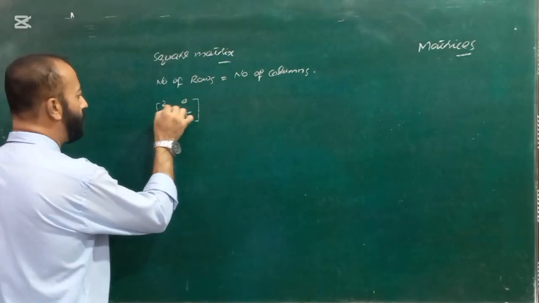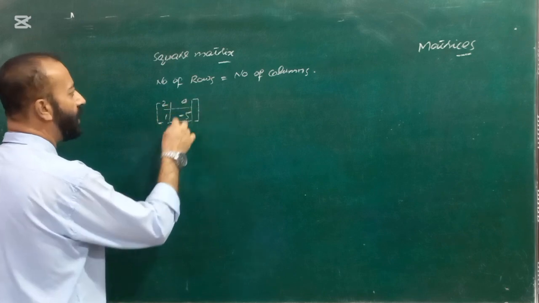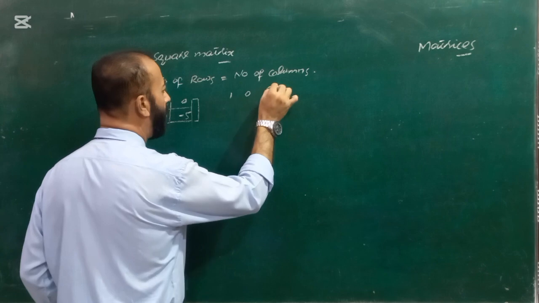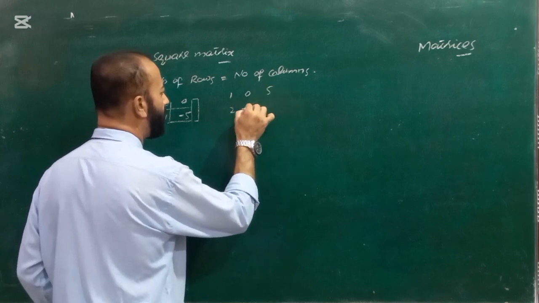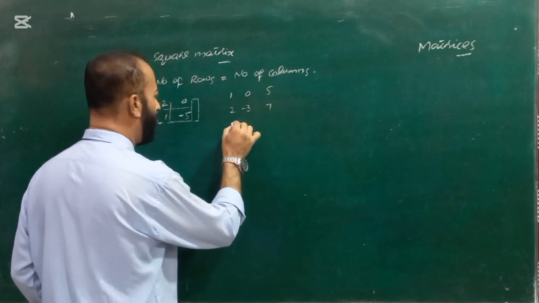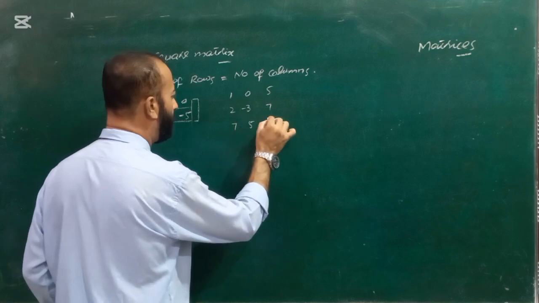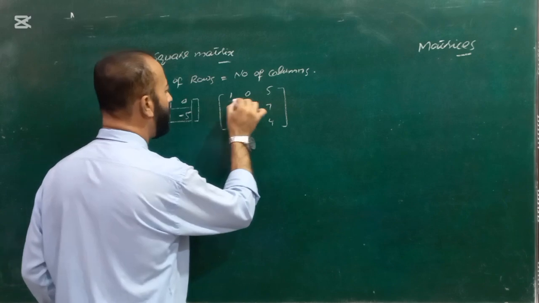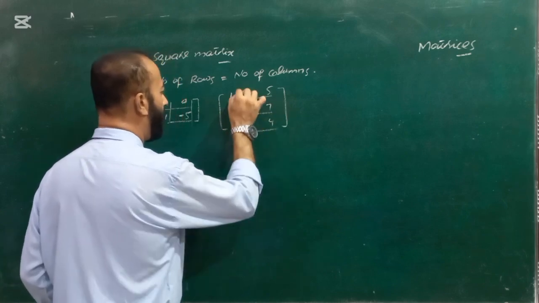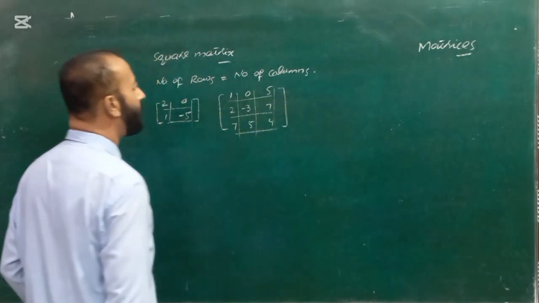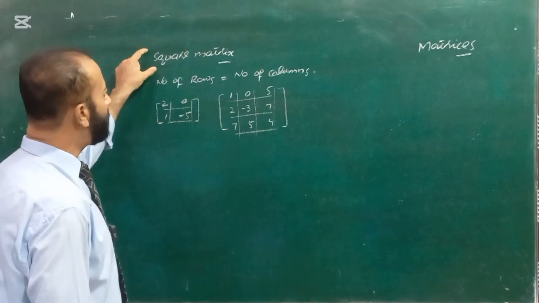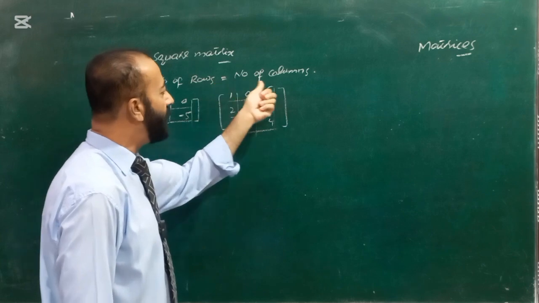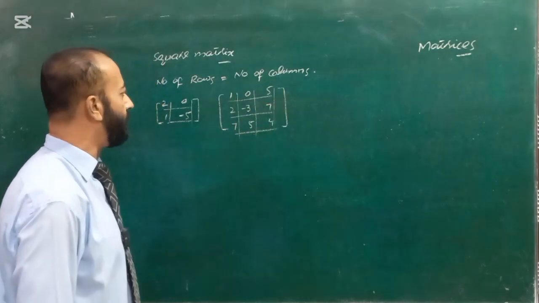You can see 2 rows, 2 columns. So this is a square matrix. And other example may be 1, 0, 5, 2, minus 3, 7, and 7, 5, 4. So look now, you can see there are 3 rows and 3 columns. So this is a square matrix. Square matrix is a matrix in which the number of the rows are equal to the number of the columns. And here are the examples.